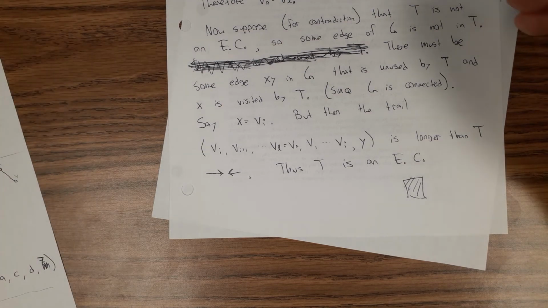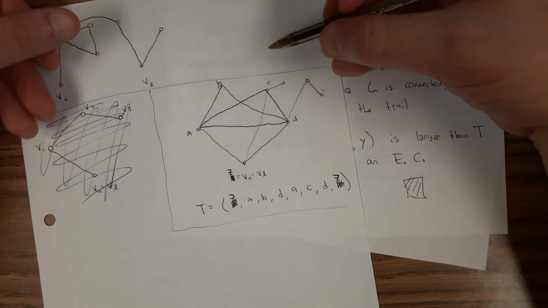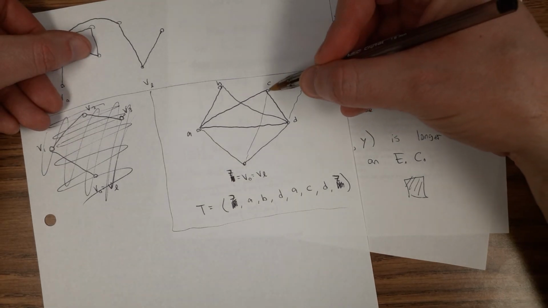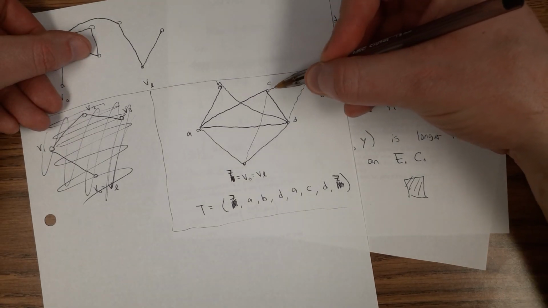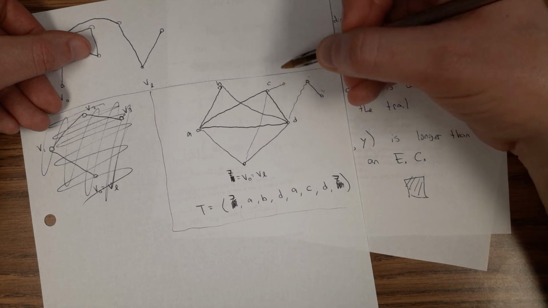So what do we have? At this point, so maybe on this picture I can point to this edge. This is an edge that is not used by the trail. And what I'm saying is that I can use that edge to make the trail longer. And how am I going to do that?